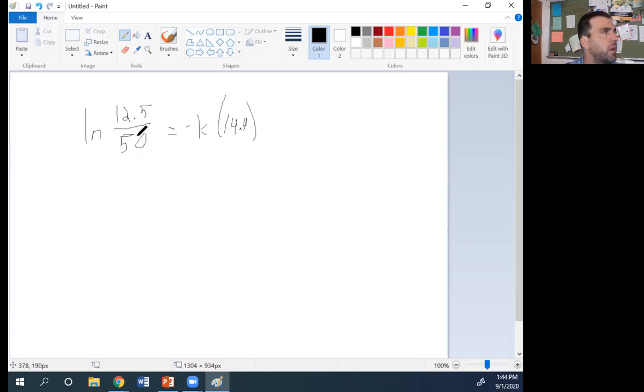Your calculator's automatically going to open parentheses, so just make sure you close them, okay? So you do ln 12.5 divided by 50, close parentheses, divided by negative 14.4. I just don't like that you can't see what you're plugging in. Does that make sense? That's what I don't like about that calculator. I mean, your computer calculator will work. So when you get this answer, it would be negative, but it won't be negative.